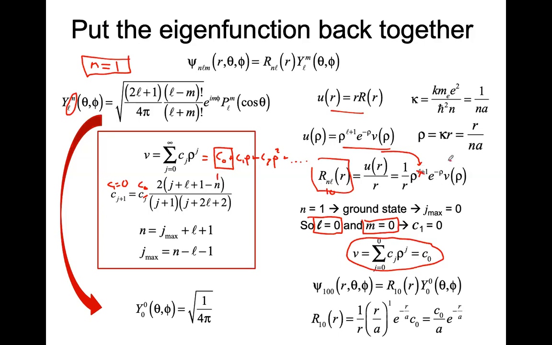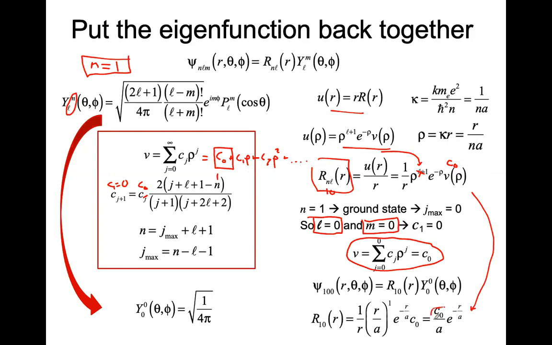And then we just decided that the only term in this series that's not 0 is the first one, and then c1 and c2 and all the others will go to 0. And so you just string those all together right here, and that's what I did in this line. So 1 over r, there's rho. Rho would just be r over a here, because remember, rho is r over na, kappa is 1 over na, we showed the other day. And so the constant c0, and then e to the minus r over a.